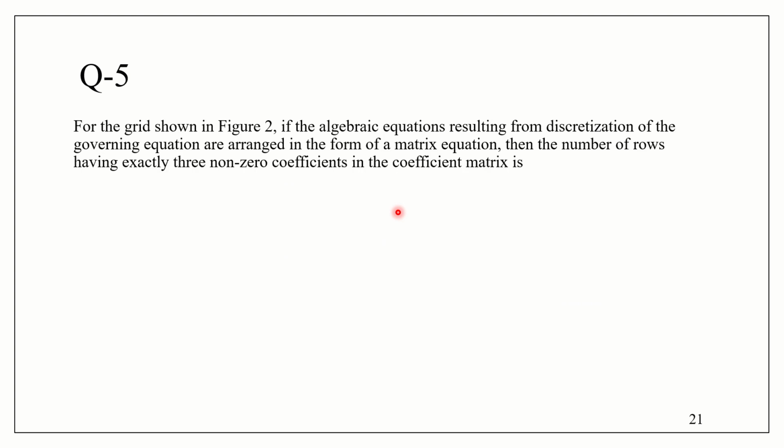In question 5, it is asked that for the grid shown in figure 2, if the algebraic equations resulting from the discretization of the governing equation are arranged in the form of a matrix equation, then the number of rows having exactly 3 non-zero coefficients in the coefficient matrix is.